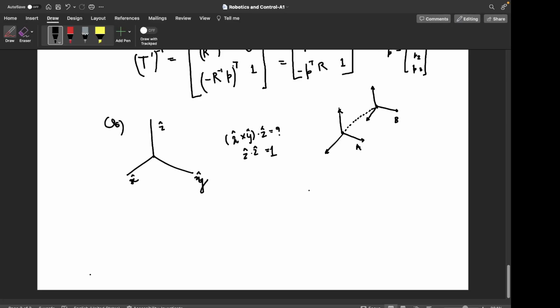The definition is the angle between zk minus 1 and zk about xk. So it depends how you have defined xk. If the rotation is along the positive direction of xk, then you will take a plus sign, and if it's in the negative direction of xk, then you will take a negative sign.